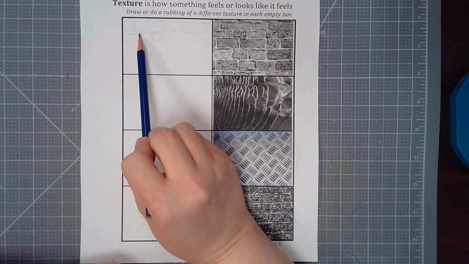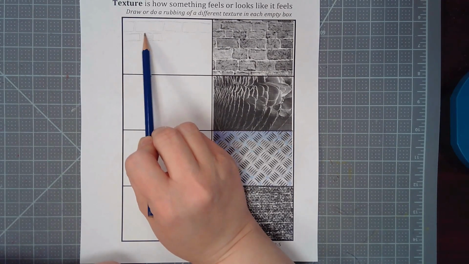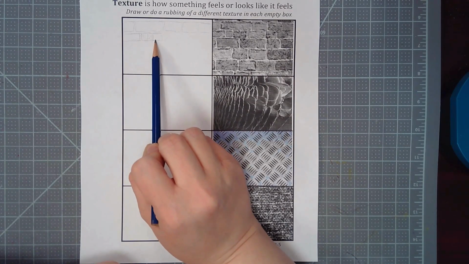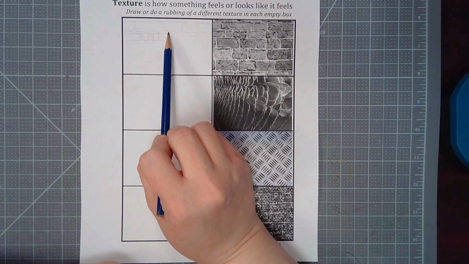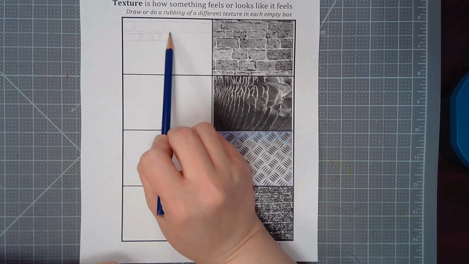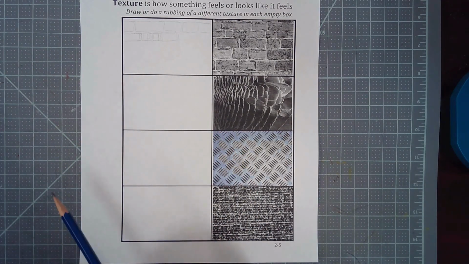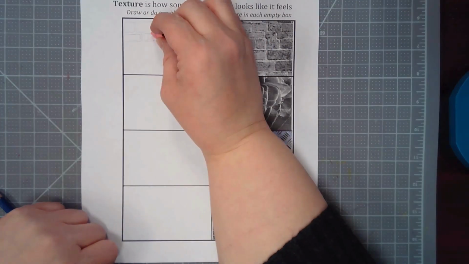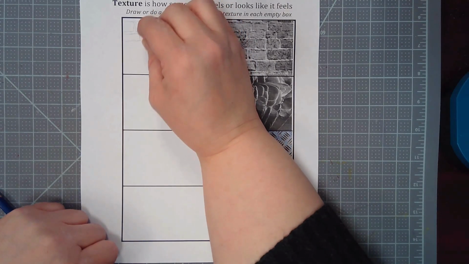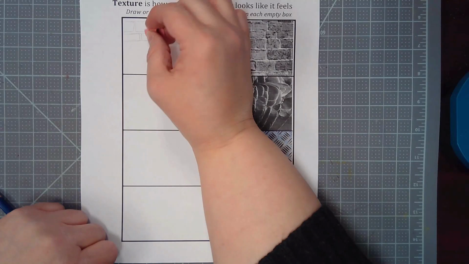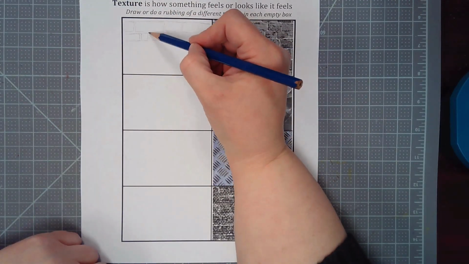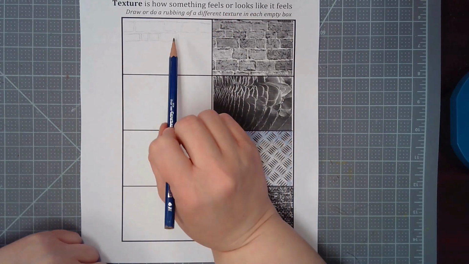So this one I got a little bit too long, and this is why I like to work with the 6H, so that I can come in, make corrections, and try to get things a little bit more accurate. Now if I am going to have to erase anything, I want to do that lightly. And working with some light lines makes it easier to erase without much pressure on my eraser.